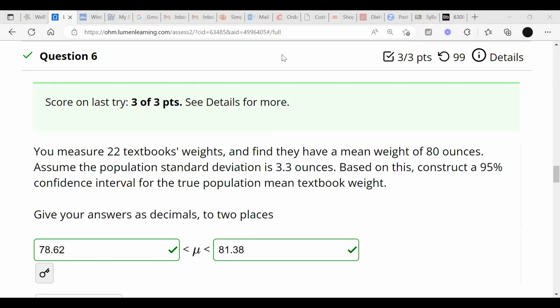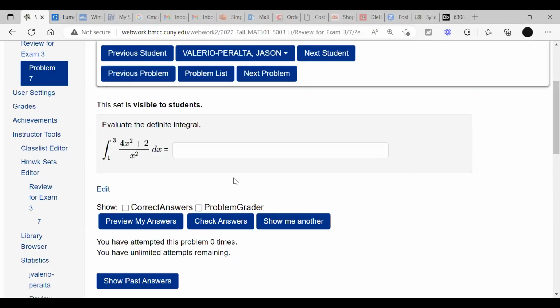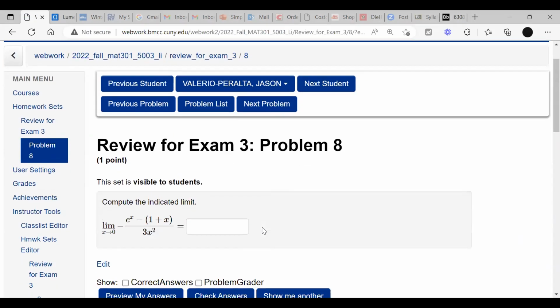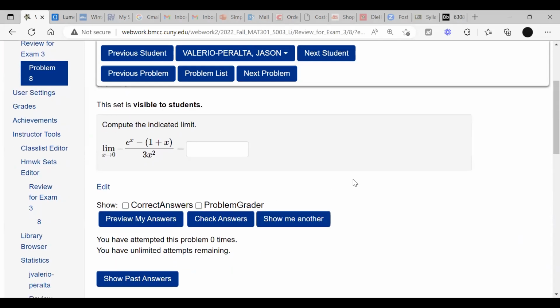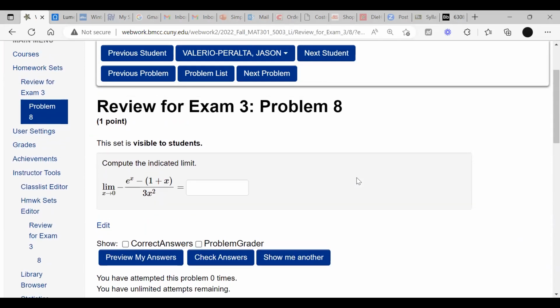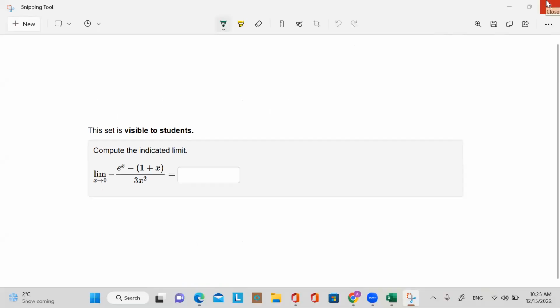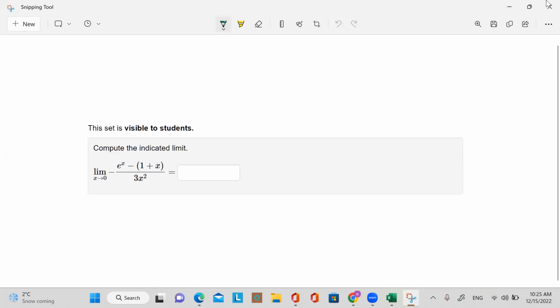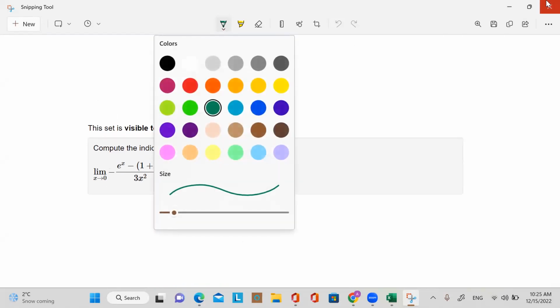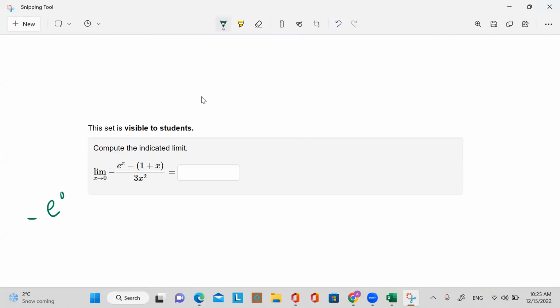Question 8. All right, okay. First of all, if you plug in 0 here, you get e to the 0 minus 1 plus 0 on top, and on the bottom is 3 times 0 squared.